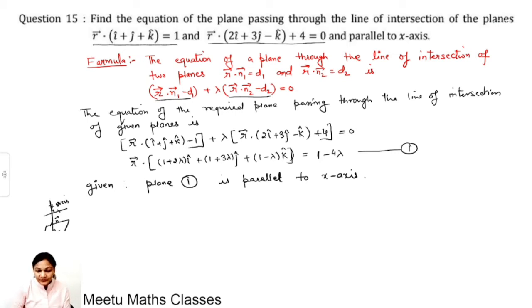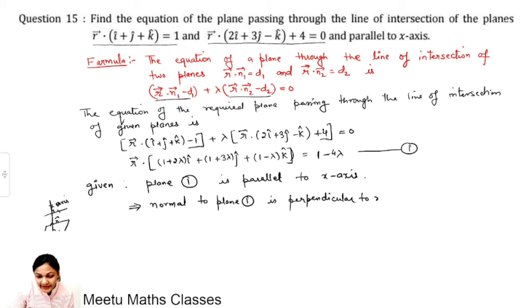That implies normal to plane 1 is perpendicular to x-axis.